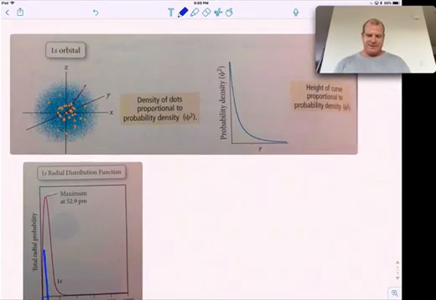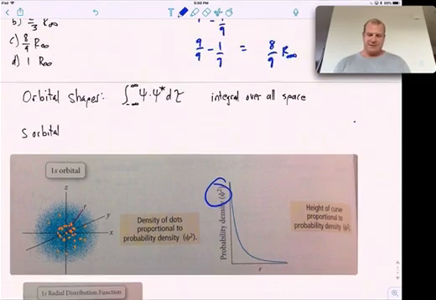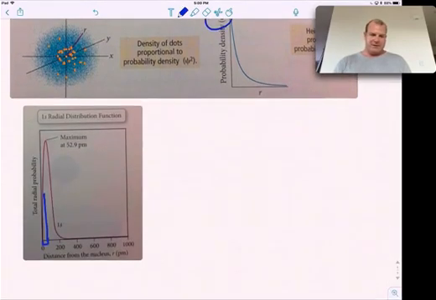The probability density is the vector dot product of the wave function with its complex conjugate. So that's the psi squared. That's this. Then you integrate over all space, and then you get something that looks like this.